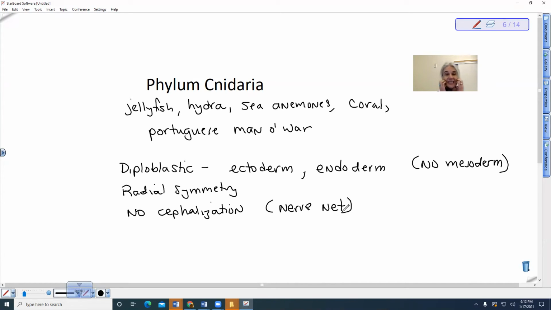What that means is that they don't have an aggregation of nervous tissue in one part of their body, which means that they can move through their environment in all directions, like a jellyfish, or even sea anemones actually can move quite a bit, like across rocks, for example, or across the aquarium. Okay, so these are some characteristics.